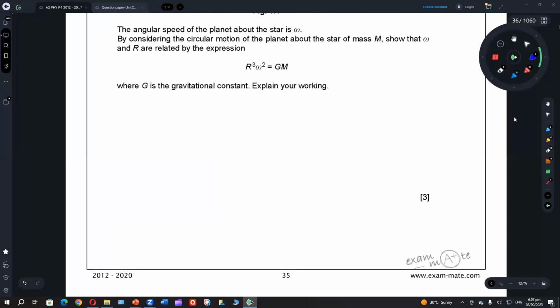Now, when you start this derivation, Kepler's law is based upon the idea that centripetal force is coming from the gravitational force.